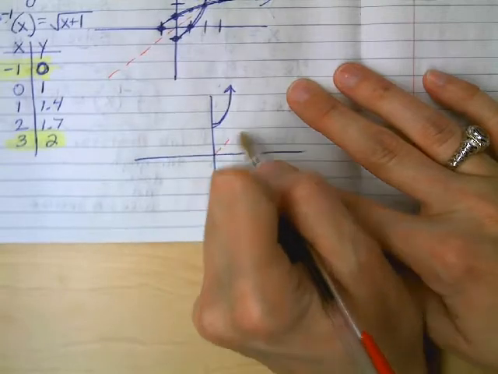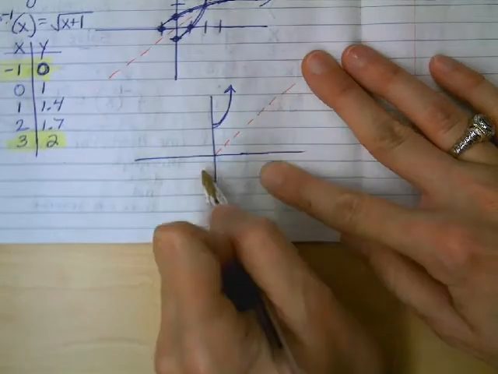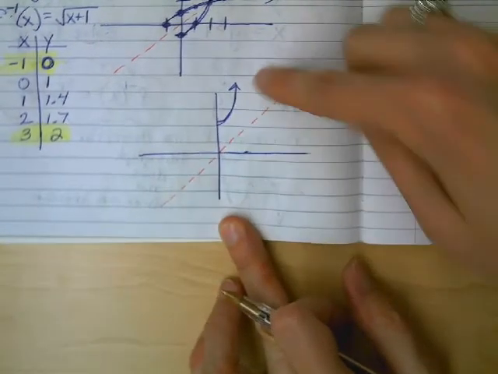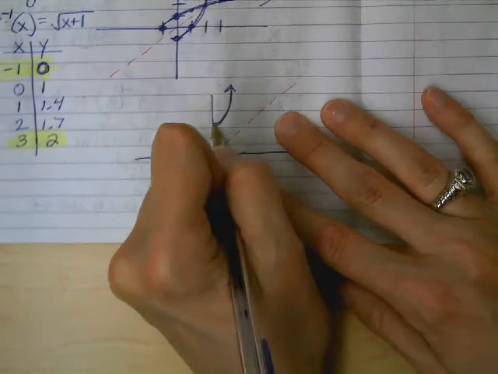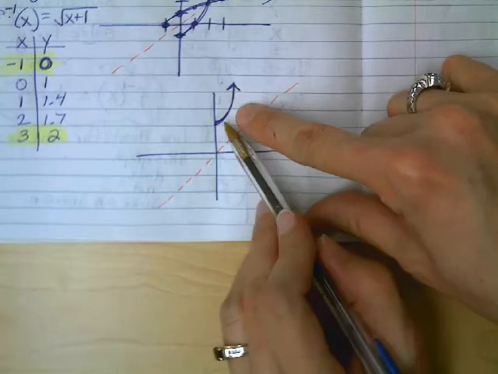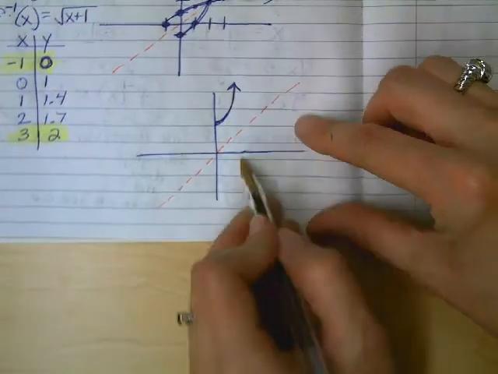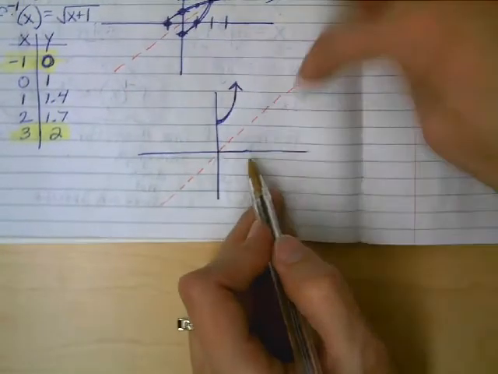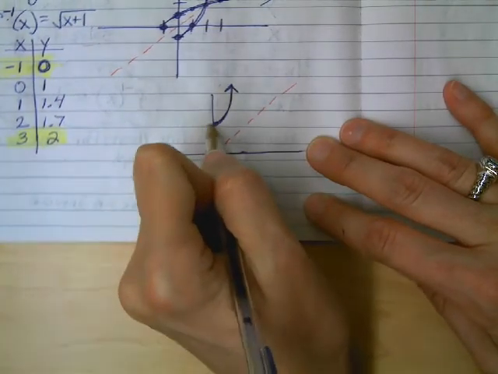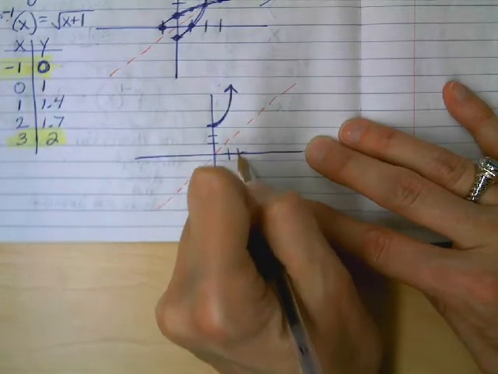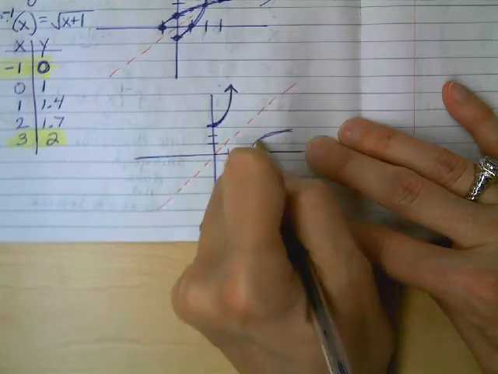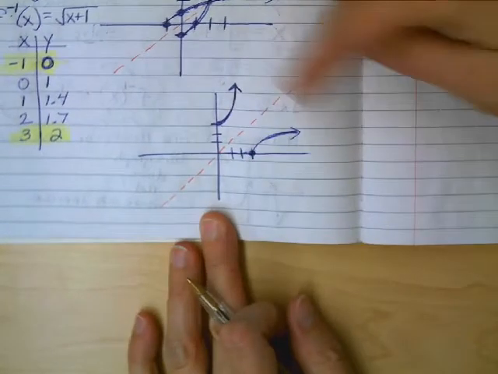Even if I don't give you the equations, I could figure it out because an inverse is supposed to flip over this line. They do that on some of the pictures on the assignment. They just give you a picture and ask, what's the inverse of this? Well, wouldn't it be over here, on the other side of this red dotted line? So if this was at 1, 2, 3, then you'd be over here at 1, 2, 3. It would go something like that. I'm not perfect at drawing it, but it'd be something like that.